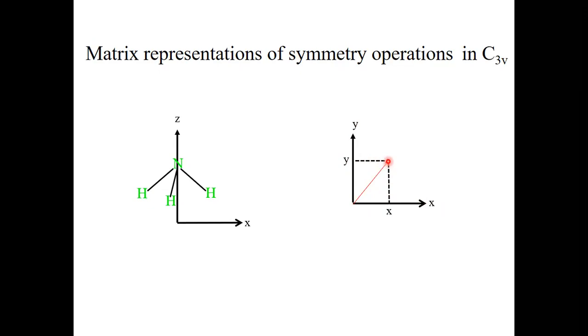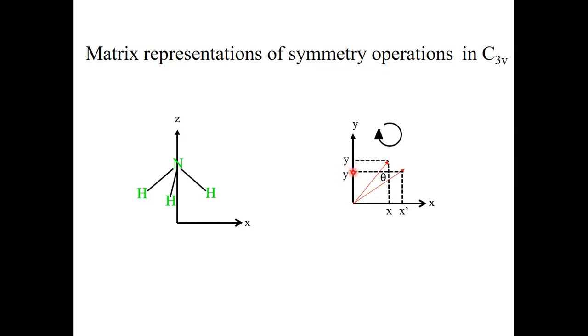So now let us rotate around the z-axis, and first let us rotate by an arbitrary angle theta. As we rotate around an arbitrary angle theta, the coordinate x will be transformed into a new coordinate x prime, and the old coordinate y will be transformed into a new coordinate y prime.